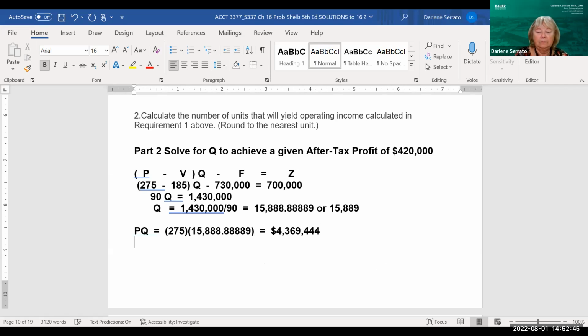Or, using the contribution margin percentage: 275 minus 185, divided by 275, equals 0.32727.